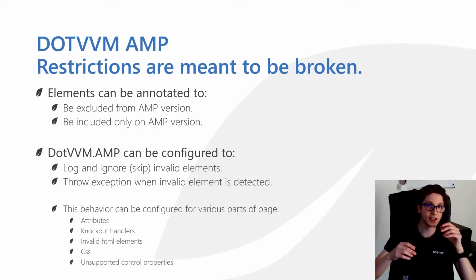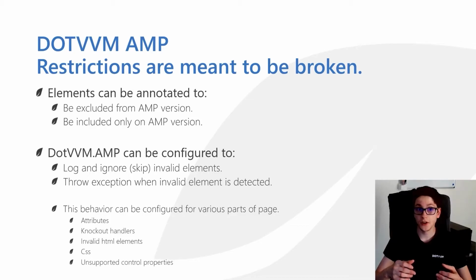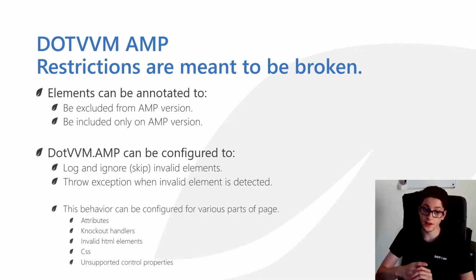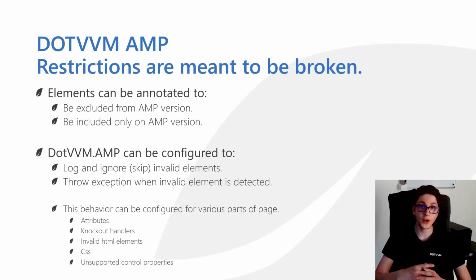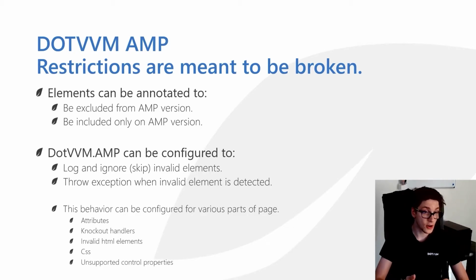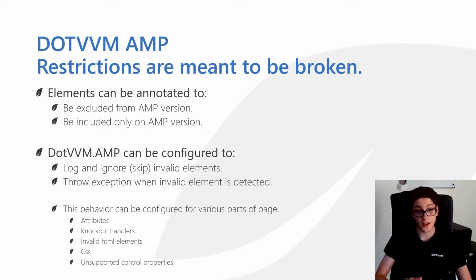This behavior can be configured for only some types of errors. For example, you can configure DotVVM AMP to log and ignore just for CSS transformations or just for attributes and so on.